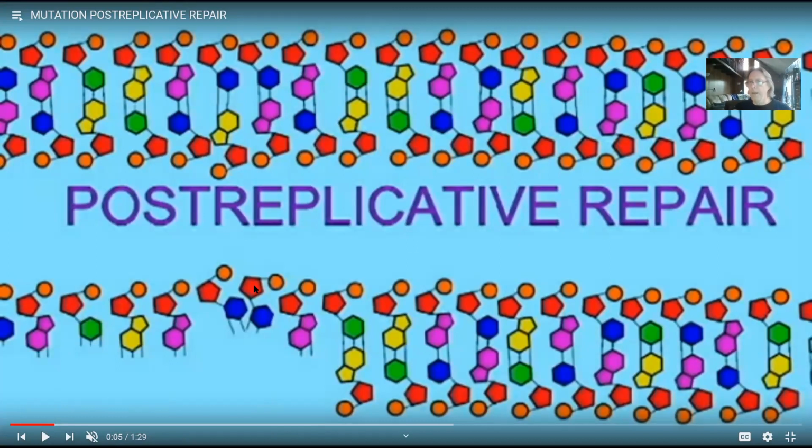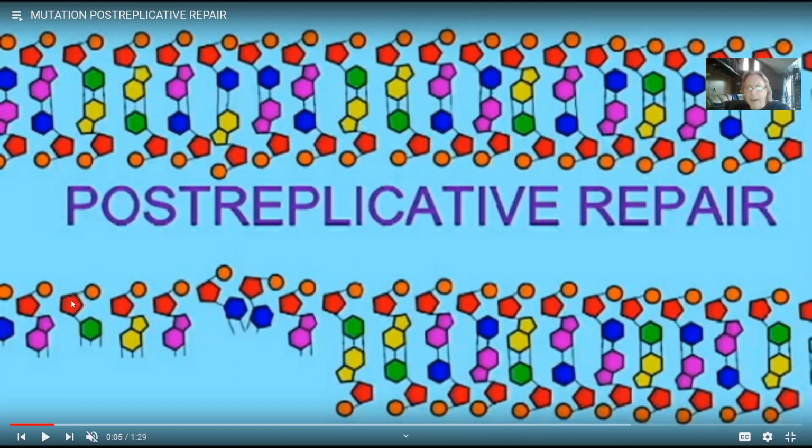post-replicative repair. So imagine that there's a double-stranded molecule, it separates, and now each of the two single strands then has new complementary bases attached to it. Well, here, notice that there was an original strand, say, up top, and then a new strand was synthesized complementary to it.